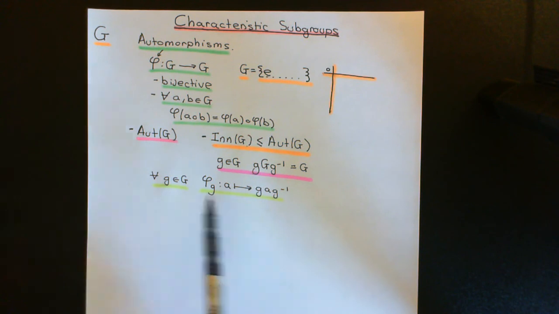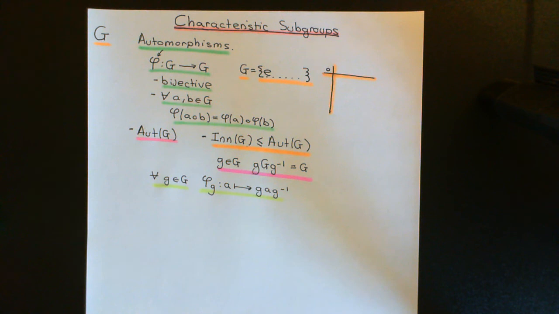You just go through every single element of the group and use each one of them to conjugate the entire group, collect those mappings that are distinct together, and you've got the set of all inner automorphisms of G. So there's a reminder of what inner automorphisms of G are and what automorphisms of G are.